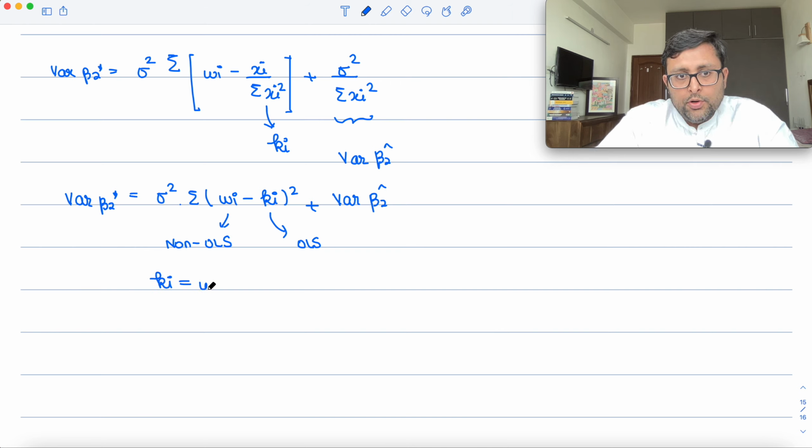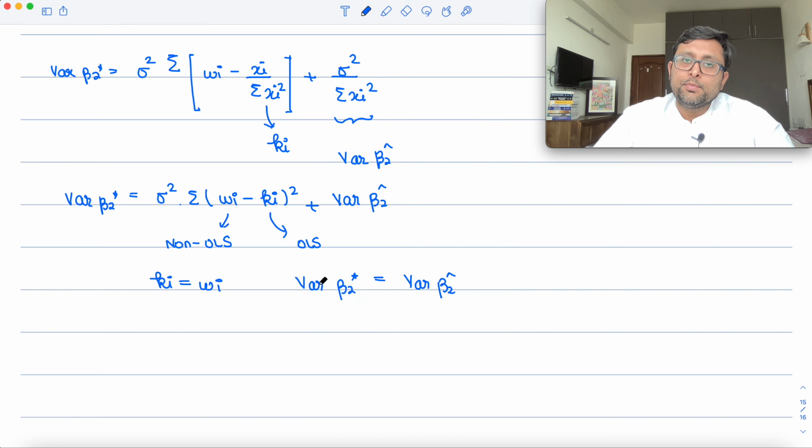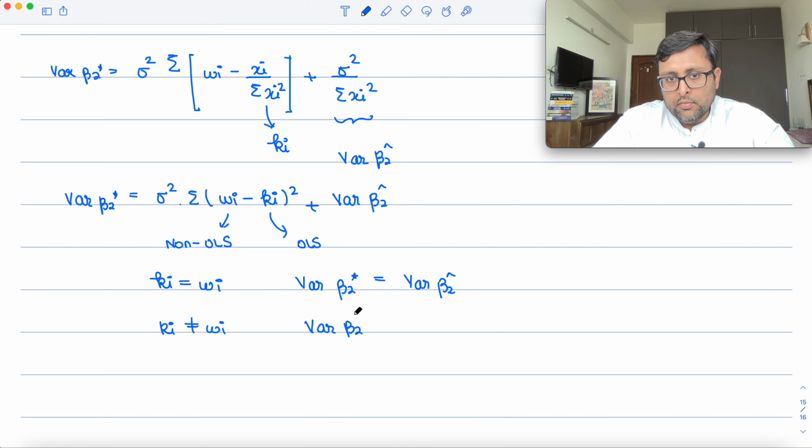So if ki is equal to wi, then the variance of beta 2 star is equal to the variance of beta 2 hat only. This means that beta 2 star was nothing but the OLS estimator. If ki is not equal to wi, whether lesser or more, then this is going to be a positive term, so the variance of beta 2 star is something positive plus the variance of beta 2 hat.